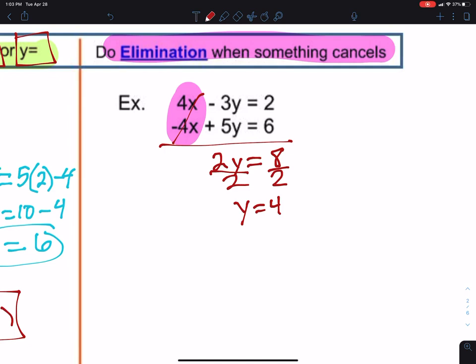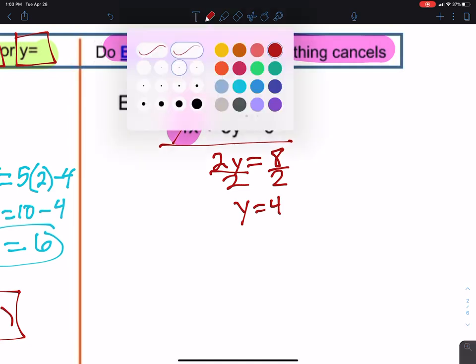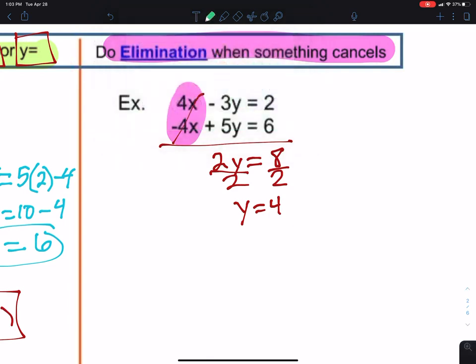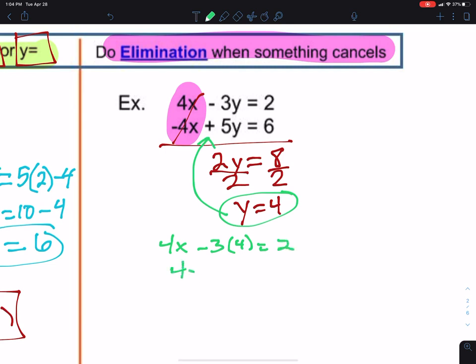Now that we know what our y is, we can solve for x by plugging in our y for any of the y's in the top equations. You can pick one, it does not matter. I'm going to use the top one. So 4x minus 3 times 4 equals 2. Go ahead and solve. I have 4x minus 12 equals 2. Add 12 to both sides.